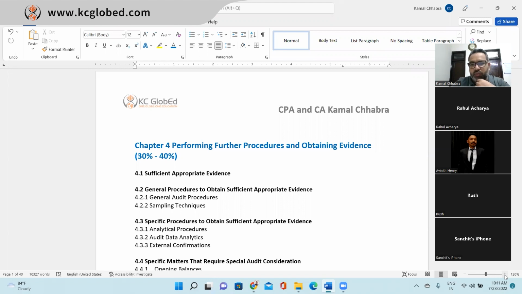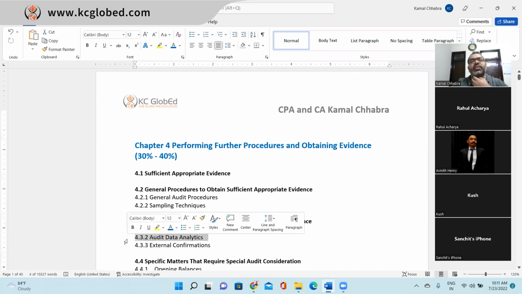Then we jumped into sampling techniques, right? So we did some part of the sampling technique and we'll be finishing off that sampling technique hopefully today. And then tomorrow we'll be starting with the new topic, which is analytical procedure, including data analytics. These two topics are very important, and audit data analytics is a very new topic for the exam purpose as well.